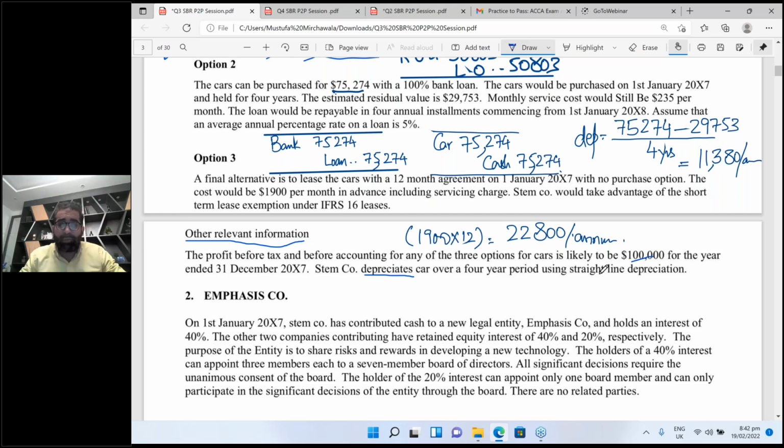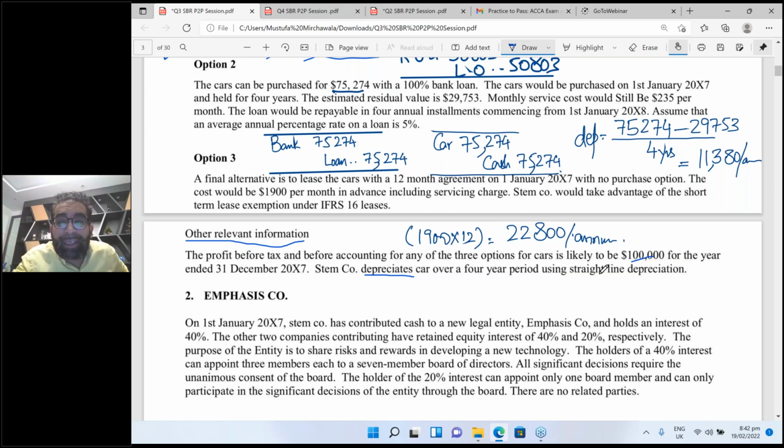Do you know what this 100,000 means? Profit before tax means no tax is deducted, and before accounting for any three options. That means in these three options, there is some interest expense, there is some depreciation expense, and there are some operating expenses, like service charge.